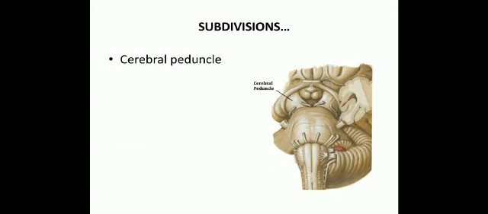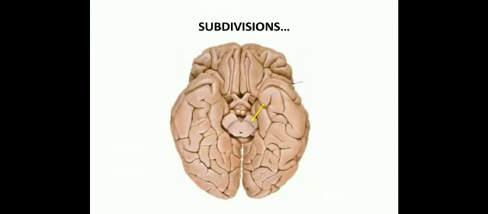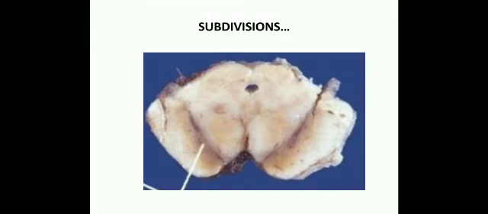Now the cerebral peduncle. The cerebral peduncle has three parts: the crus cerebri, substantia nigra and the tegmentum. So here we can see the crus cerebri, the substantia nigra which is dark in color, and the tegmentum. In the cross section we can see the crus cerebri, the substantia nigra and the tegmentum.